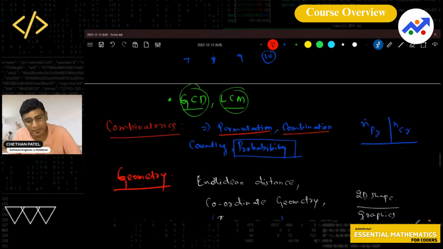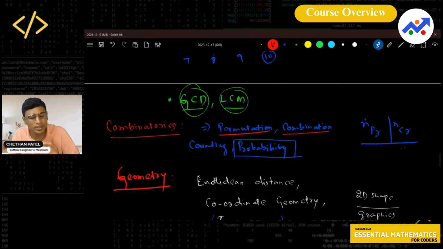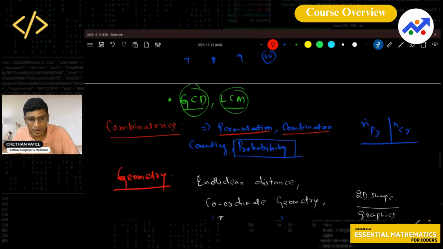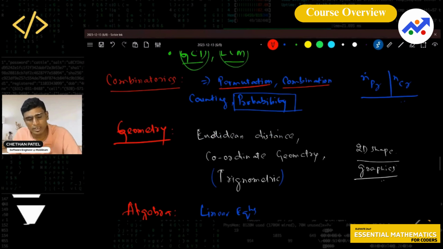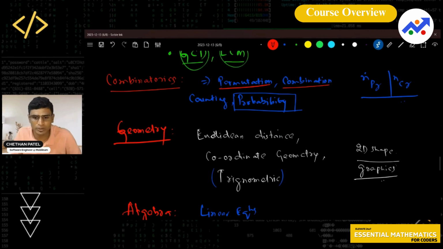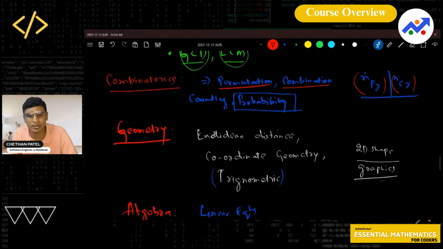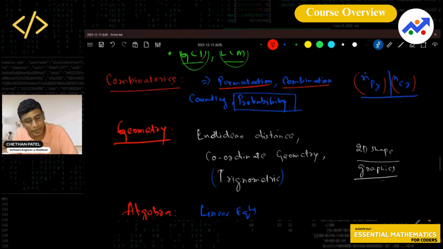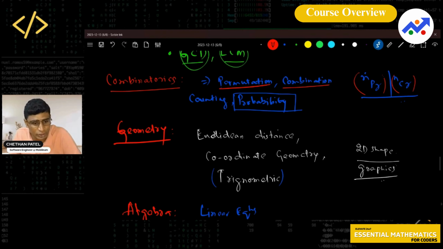Having thorough knowledge of permutation and combination concepts is very rewarding while writing the logic for a given problem. We will be learning these formulas as well: what is nPr and what is nCr, when to use permutation and when to use combinations. And the next part is geometry.